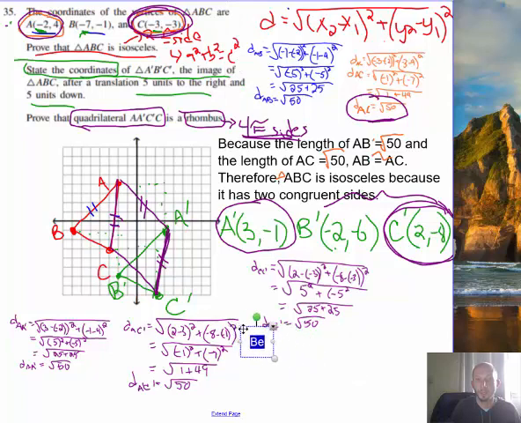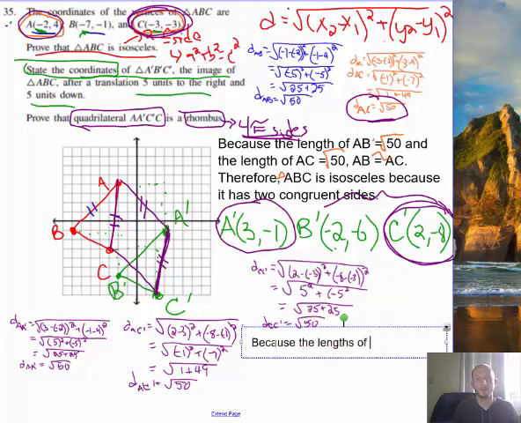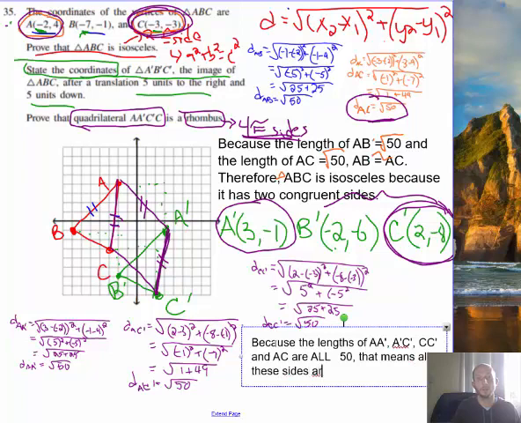So always starting by talking about your calculations, because the lengths of A prime, A prime, C prime, C prime, and AC are all square root of 50. I'll put the square root in a second. That means all these sides are congruent.